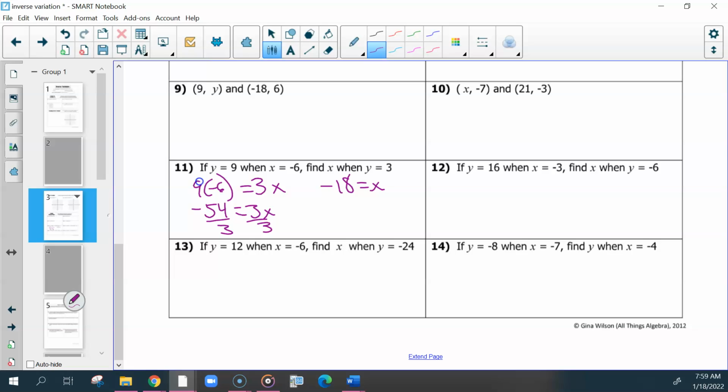And then you could put this side back in, -18 times 3 would still give you the -54, so that would still work. It would still give you the same k value. Questions on that one before we move on to 14?